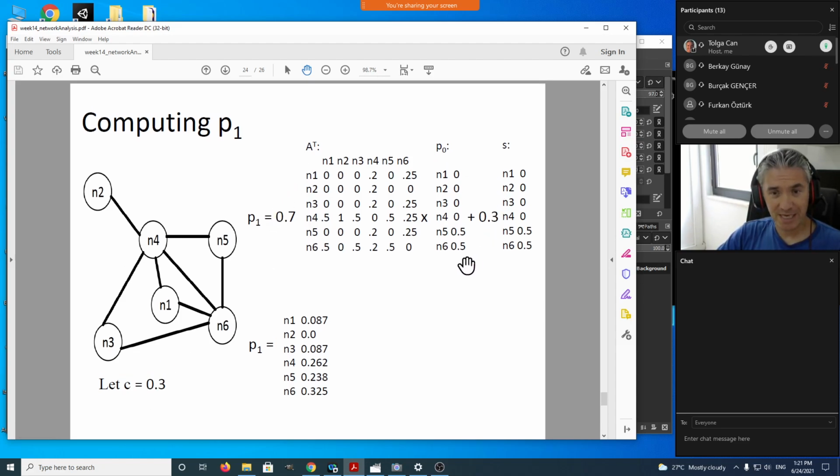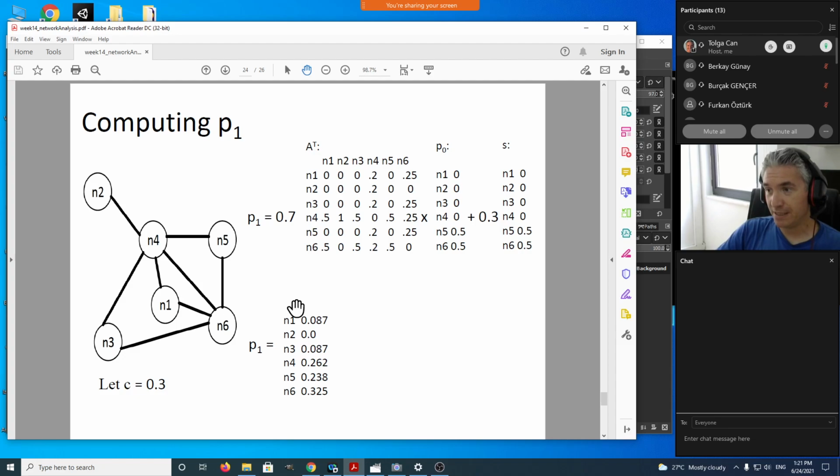So what you see here is that equation. At time step 1, I find it by multiplying with 1 minus c, 0.7, and this is 0.3. So I multiply this with 0.3. It becomes a column vector 0, 0, 0, 0, 0.15, 0.15. So this is actually fixed. At every iteration, N5 and N6 are going to receive 0.15.